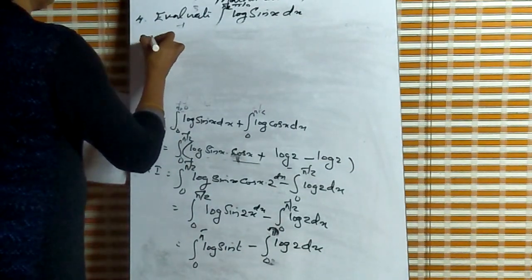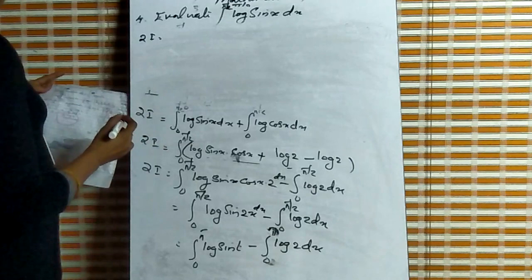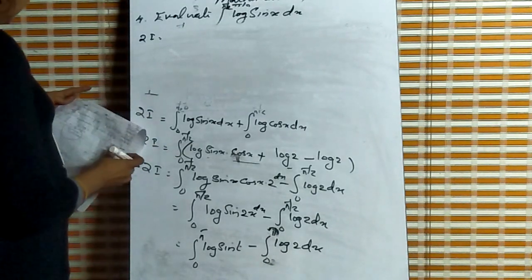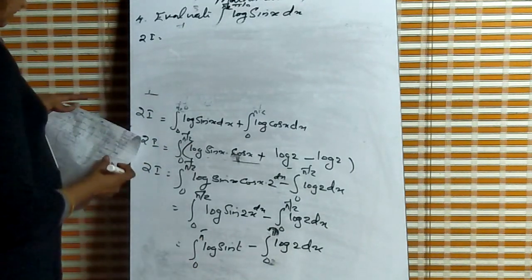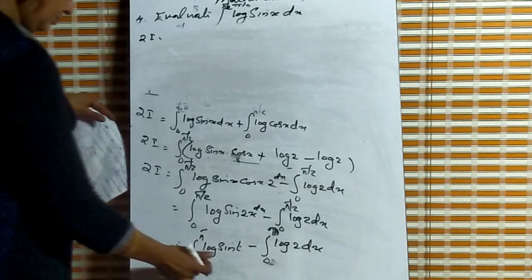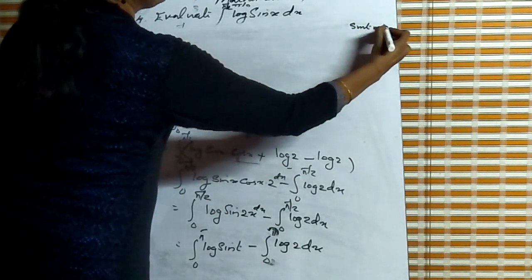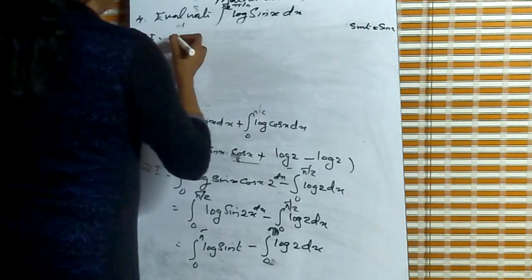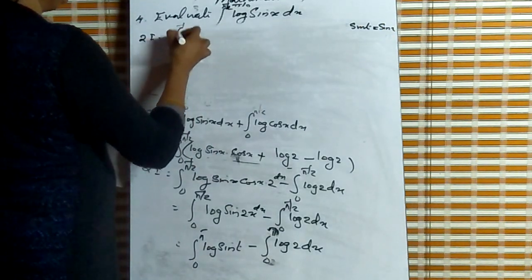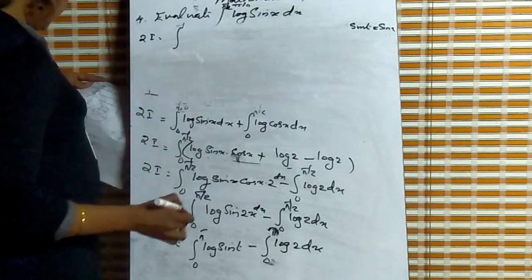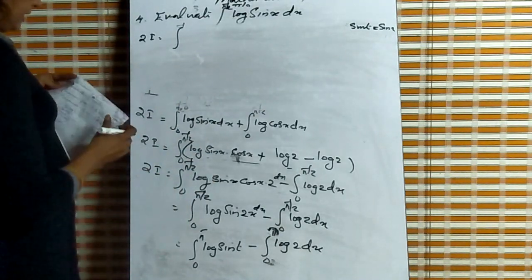Then 2I is equal to the integral of log sin t. Change the sin t to sin x. At that time, our limit also changes.